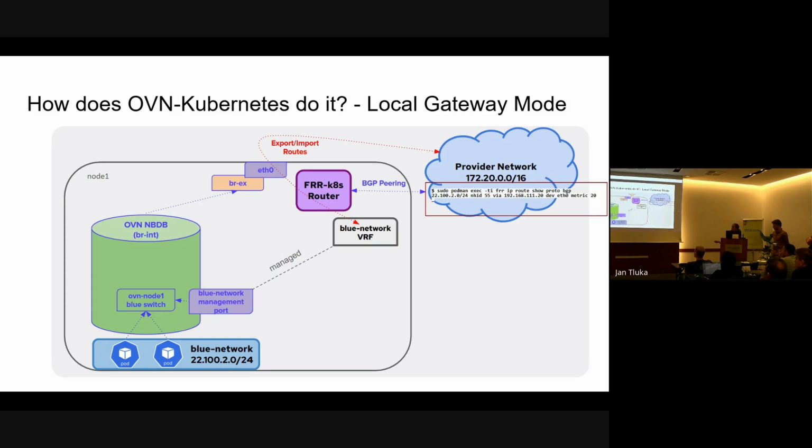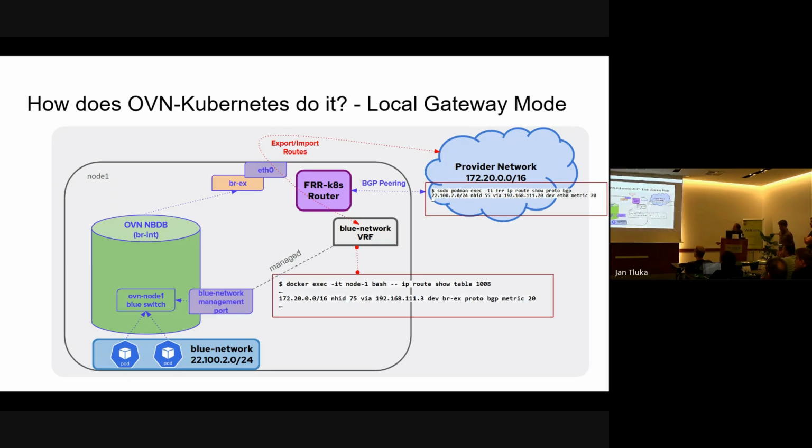From the pod, if you want to reach the outside, we have a mode called the local gateway mode. And what it exactly does is that the traffic is going to actually flow like this. So from the pod to the OVN and NBDB, it enters the host stack. So we have the management port, which is the key from the OVN into your host.